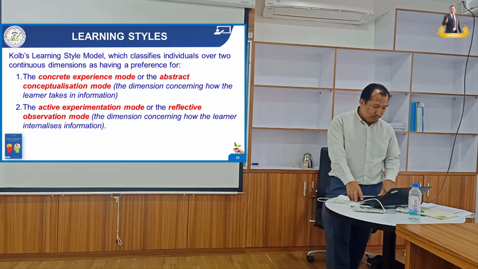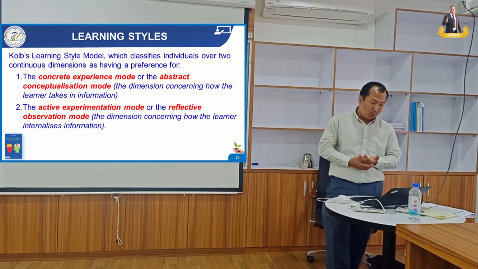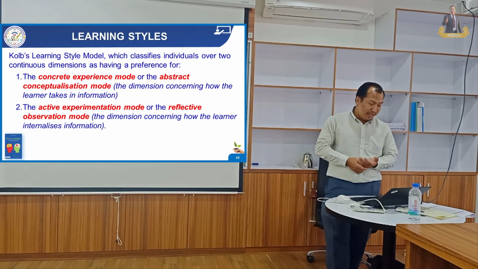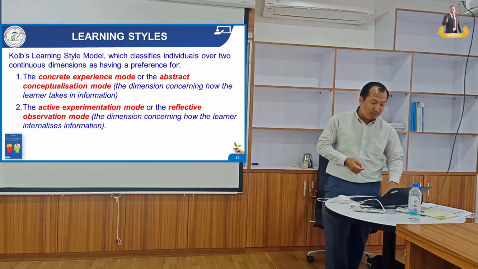Okay, let's move to the other model, Kolb's learning style model. He has classified two individual learning modes in here. The first one is the concrete experience mode or abstract conceptualization mode, meaning the dimension concerning how the learner takes in the information, the one that receives the information.